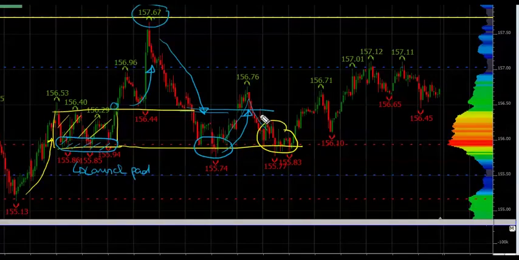Now we're coming back on this specific day into this region, and we're looking, a lot more specifically, at these candles in here, specifically that candle.